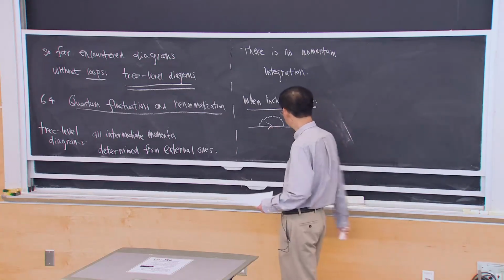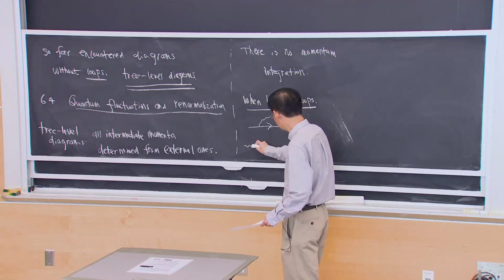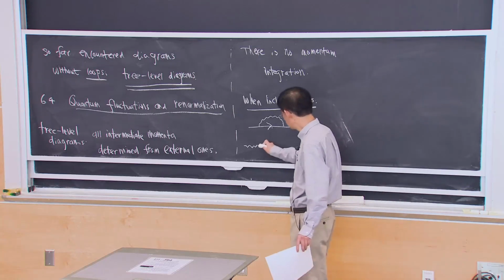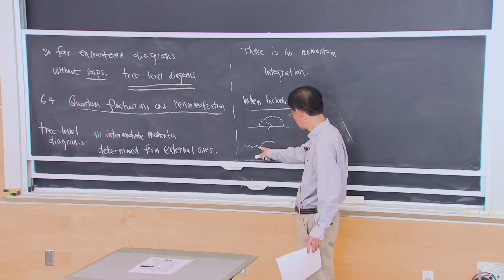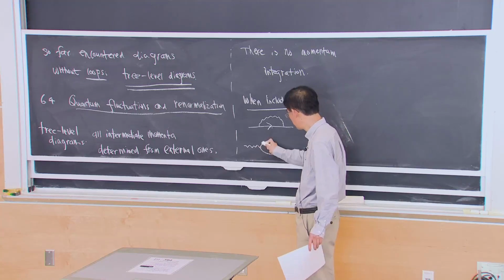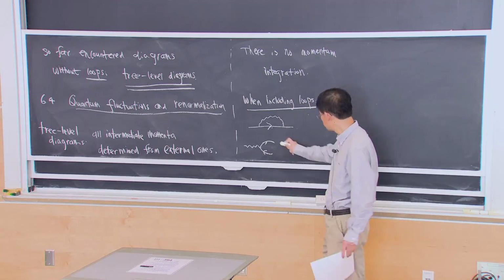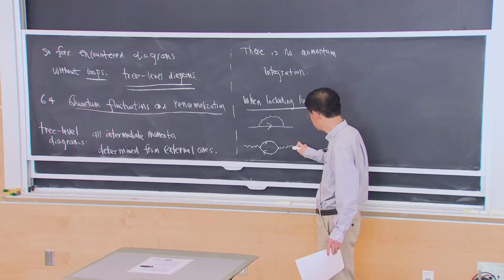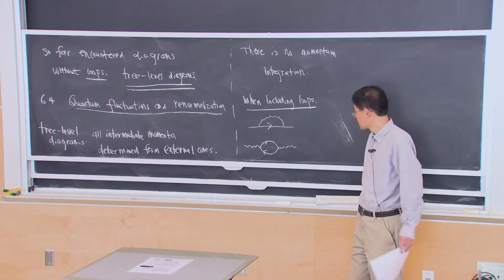Another simple process: consider the propagation of a photon. The photon can break up, pair creating an electron and a positron, and then this pair can annihilate again to form another photon.